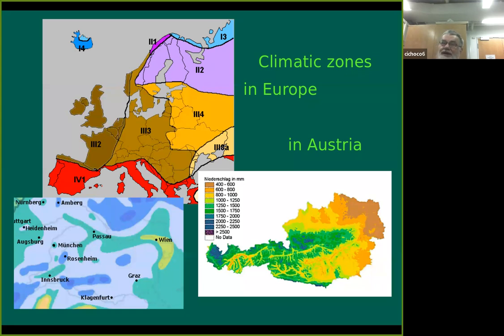To the left, the average temperature of the vegetation period is demonstrated, and again we have a difference in the eastern part, in the alpine part, and in the western part.